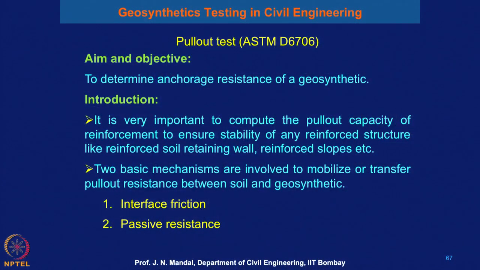Now, the main aim and objective of the pull-out test is to determine the anchorage resistance of the geosynthetic material. In the introduction, it is very important to compute the pull-out capacity of the reinforcement to ensure stability of any reinforced structure, as I told you, reinforced soil retaining wall, reinforced soil slope, etc. So, two basic mechanisms are involved to mobilize or transfer the pull-out resistance between the soil and geosynthetics.